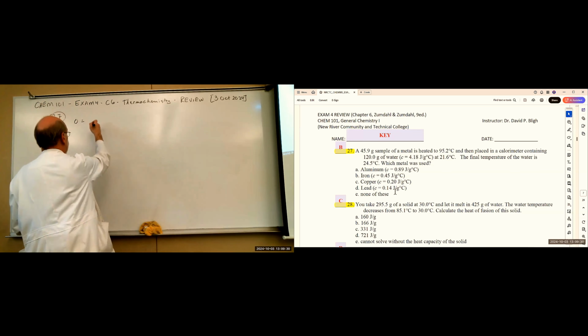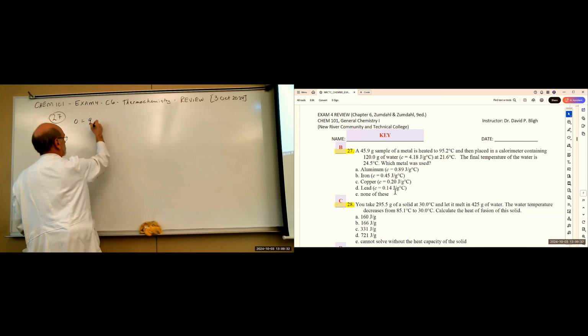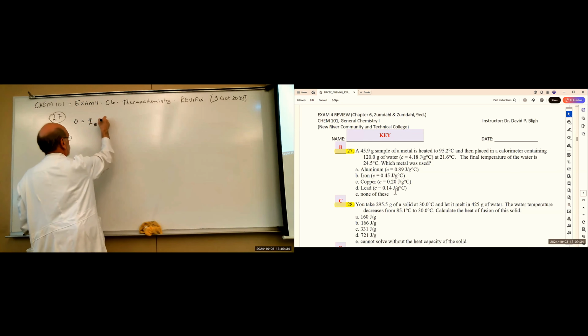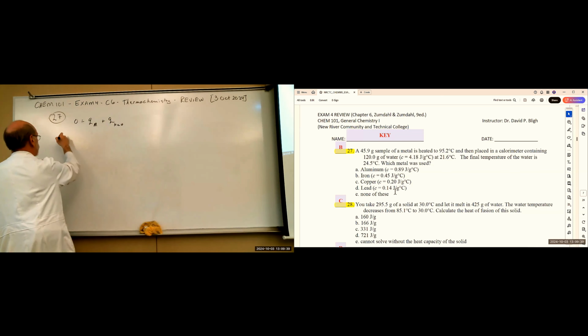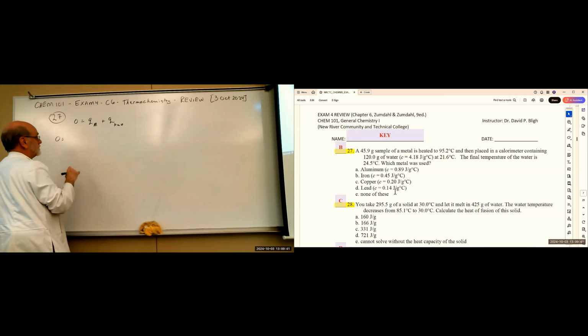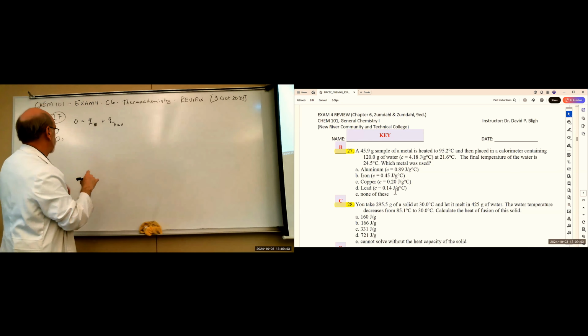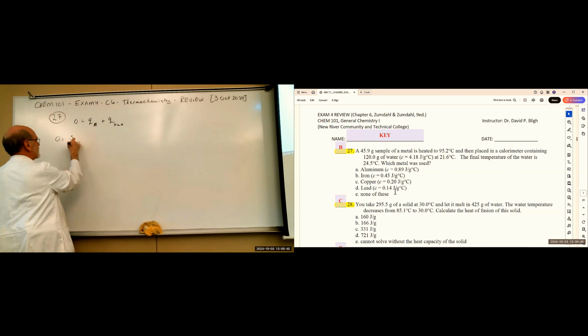So we have metal, and we have water. For the metal, we have an unknown specific heat.